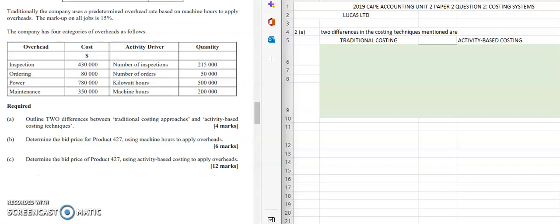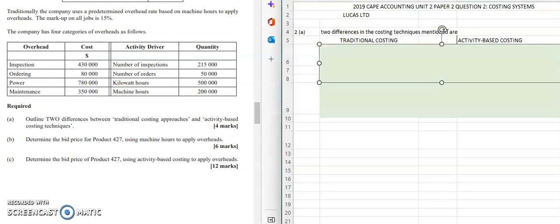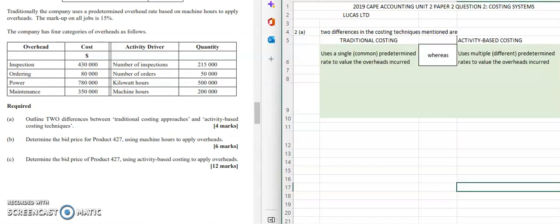All right, so what do we know about traditional costing and activity-based costing? Now, the first thing we are fully aware of is that traditional costing uses a single or common predetermined rate to value the overheads incurred during production.